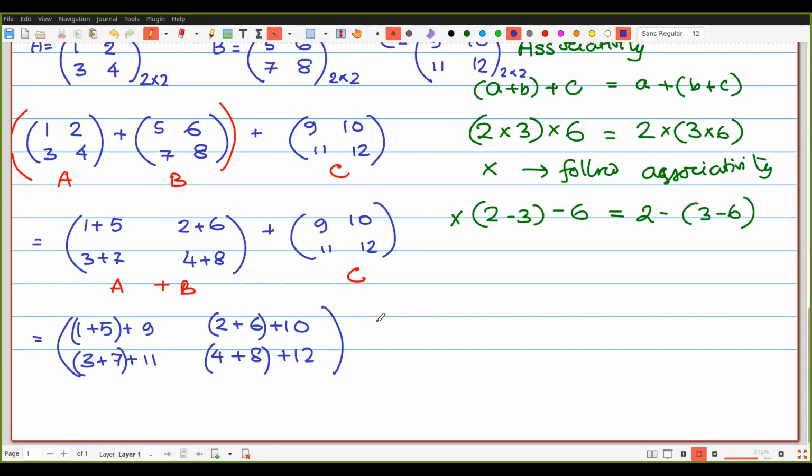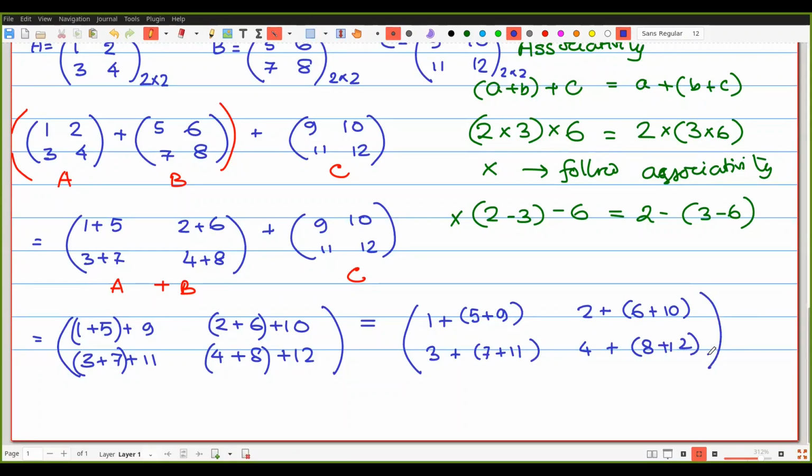Now the real number system follows associativity with the plus or addition operation. So 1 plus 5 plus 9 can be written as 1 plus 5 plus 9, 2 plus 6 plus 10, 3 plus 7 plus 11, 4 plus 8 plus 12. Now, once again, we are decomposing.